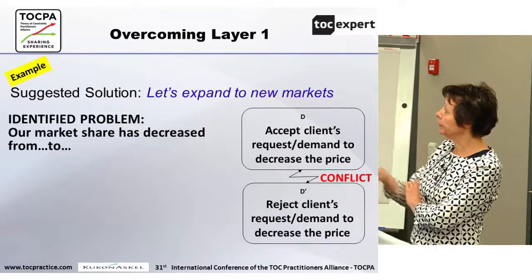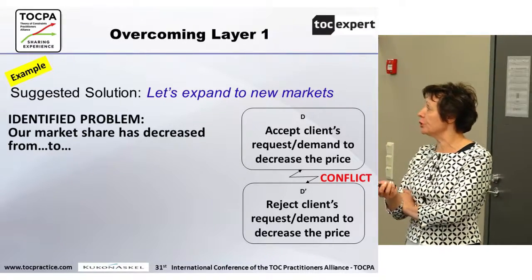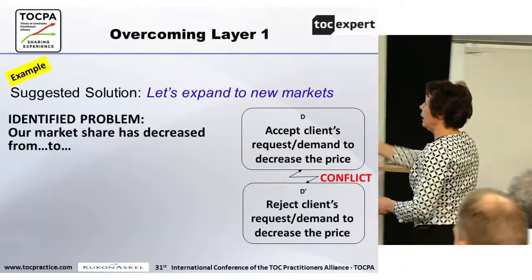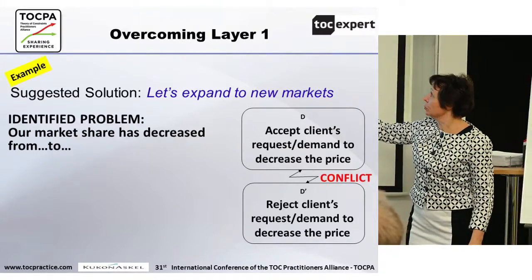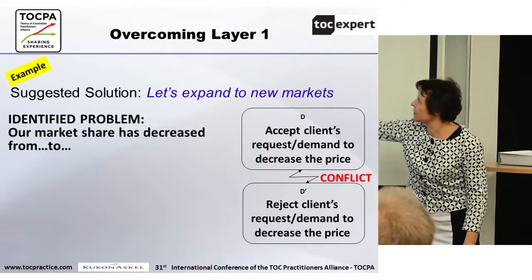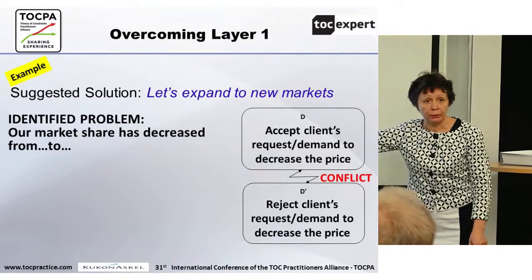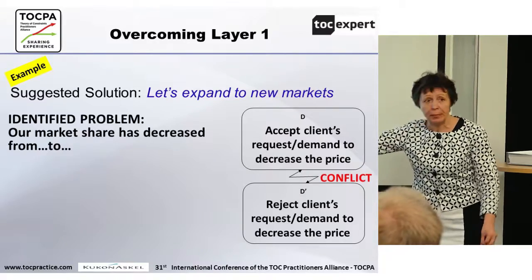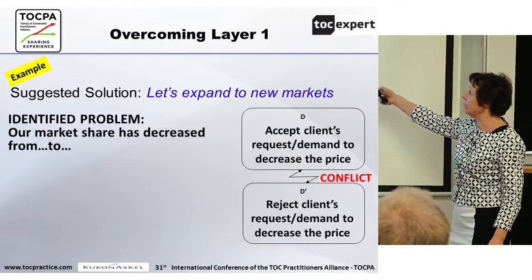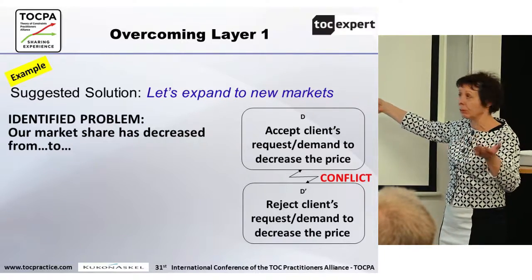Now let's see. Identified problem: our market share has decreased. If this is the problem, then it must have signals in reality, and the signals will be in the behavior of our system.